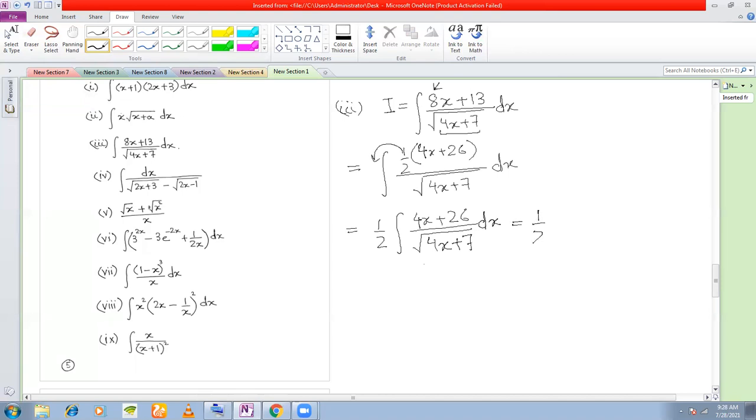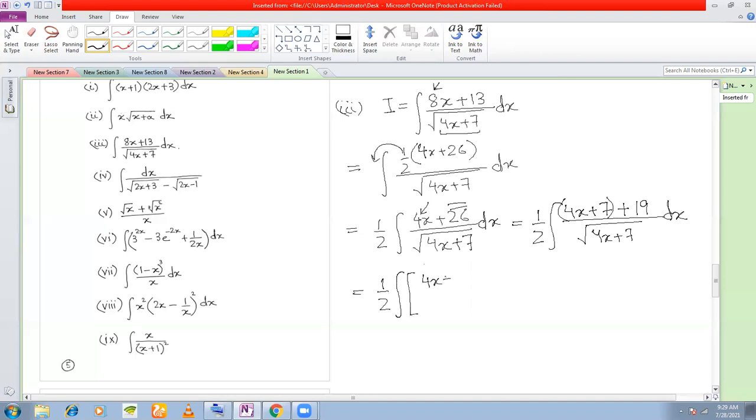Now this is half, and in the denominator you see 4x plus 7, but here I have only 4x. Here I have 26, right? So what I do is I write this as 4x plus 7. What is left here? What should be added? 19, right? To make it 26. And by root 4x plus 7. And you keep this within brackets. dx.